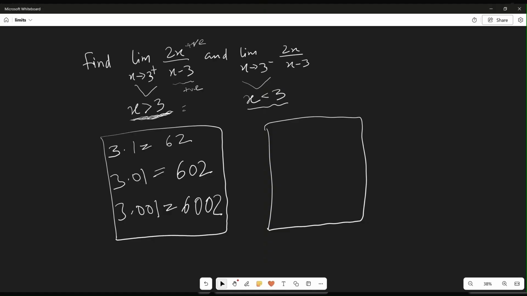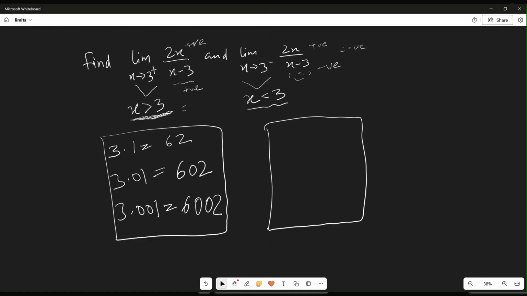However, on this side, if you're looking at numbers less than 3, which means values such as 2.9, and as 3 is bigger than this, we will end up with a negative denominator. However, we might end up with a positive at top, but positive over negative is still negative.